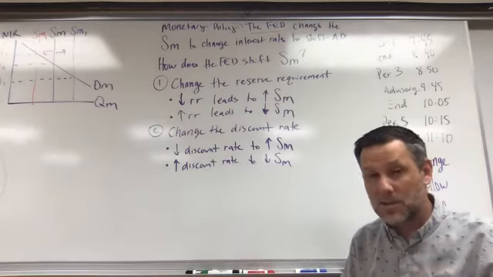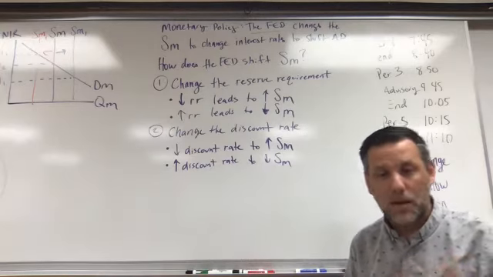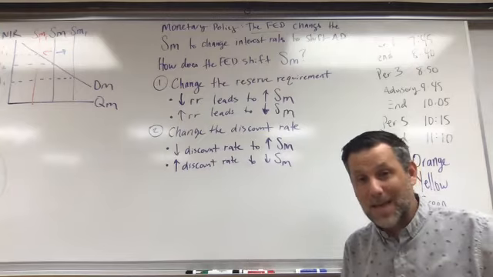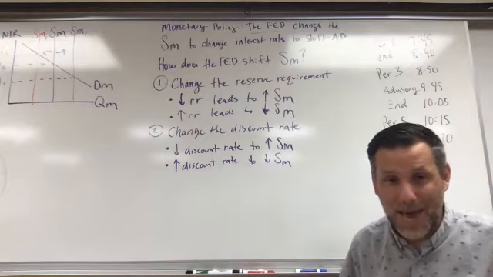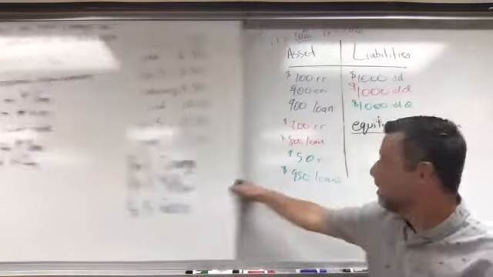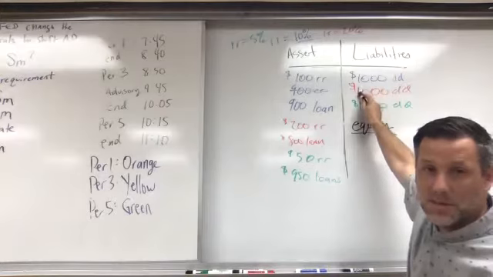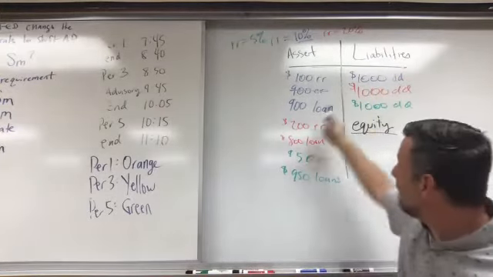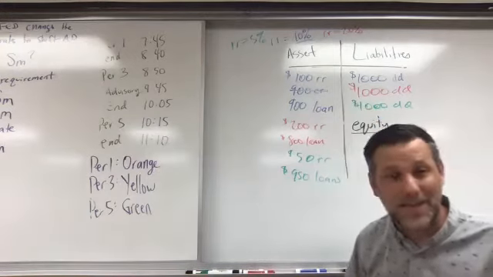Because when the economy starts to collapse, banks get worried. People stop paying their mortgages. People stop paying their car payments. That's money that's not coming back into the banks, but they still owe those demand deposits to people. And if they don't have loans coming back in, how are they going to pay people their money when they come into the bank to get it?